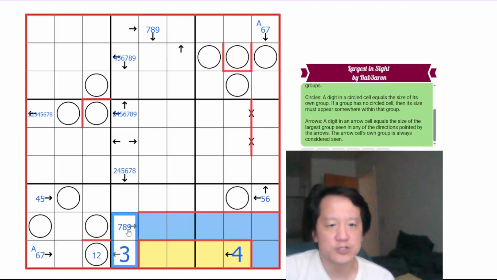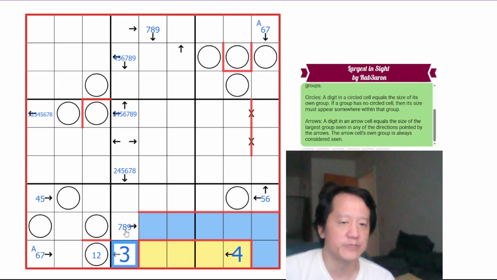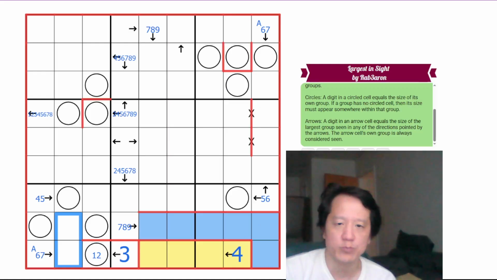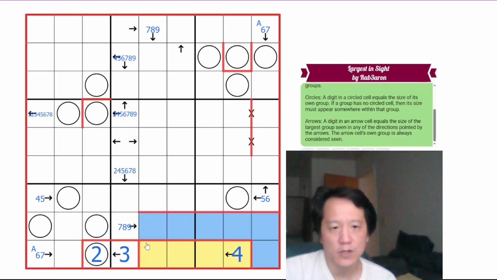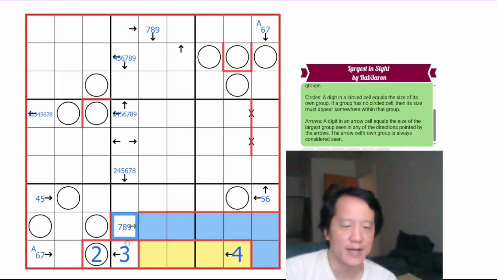So therefore, if this is part of that region, this would see something that's larger than 3. So this has to be then a boundary here. So that's a group, which means this is a group of 2. So this is a group of size 2. This cannot be the same region because, again, this matches its own region.